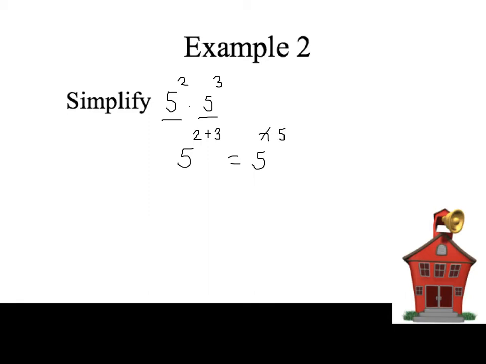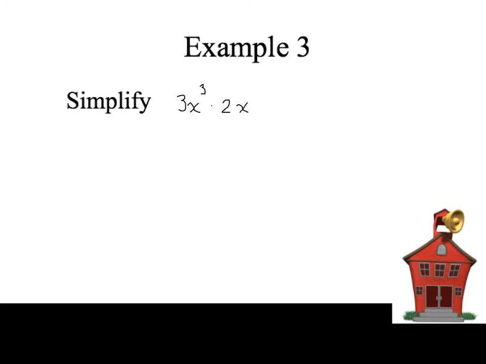So 5 to the 5th power is equal to 3,125. So once again, that reinforces that property that tells us that when you're multiplying two powers together that have the same base, you need to add their exponents.